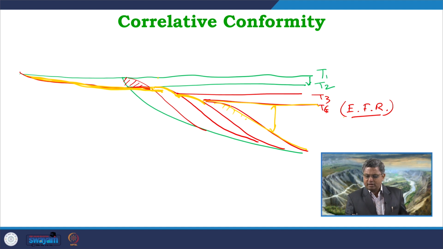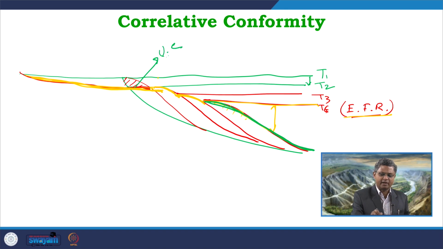So, when this forced regression is ending up over here, what we are getting is that this particular surface is present, which marks the end of the forced regression in this part of the basin. Whereas, in the landward side of the basin or in the marginal part of the basin, the end of forced regression is marked by this surface, which is nothing but an unconformity.